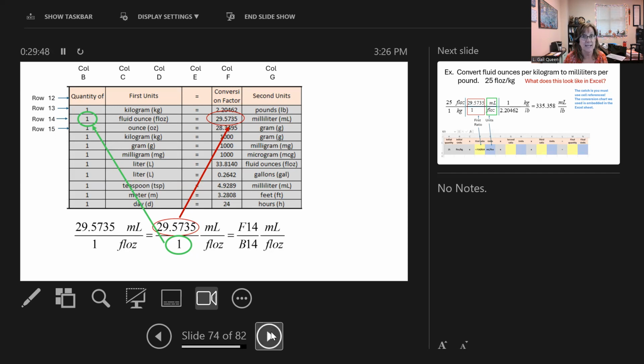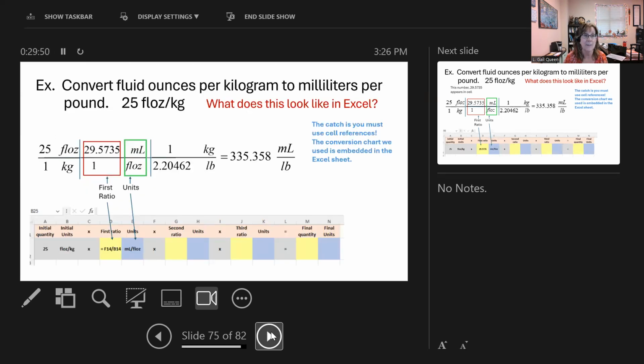So here's what it looks like in the Excel sheet. For this first ratio, this first fraction that we have, if we worked it on paper, in Excel, in the yellow cell, notice how we did not type in the number, but we typed in the cell reference. Remember, when you type a formula into Excel, you need to put the equal sign first. So it is equal F14 divided by B14.